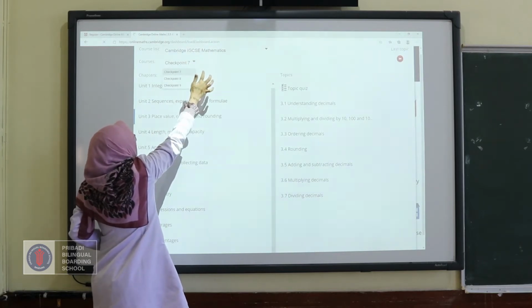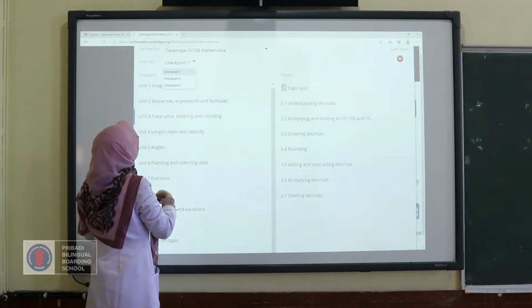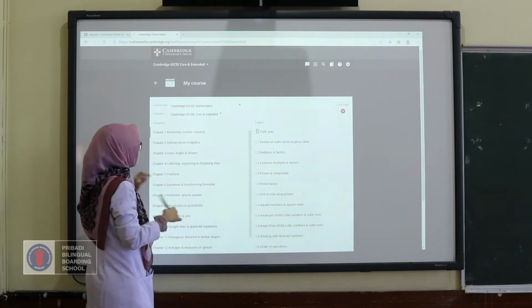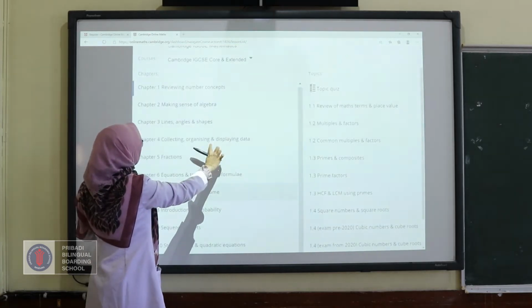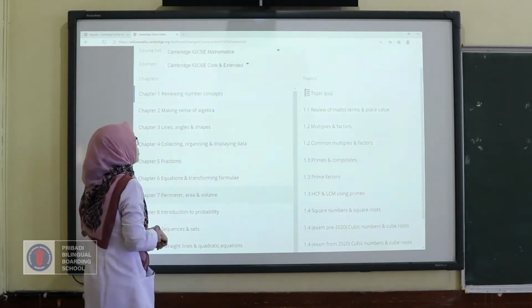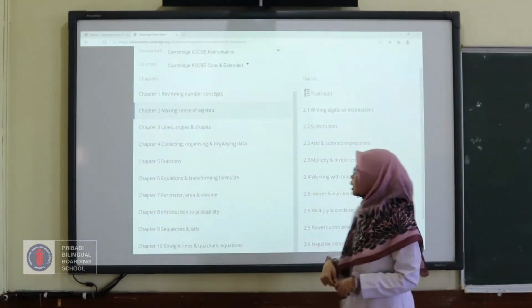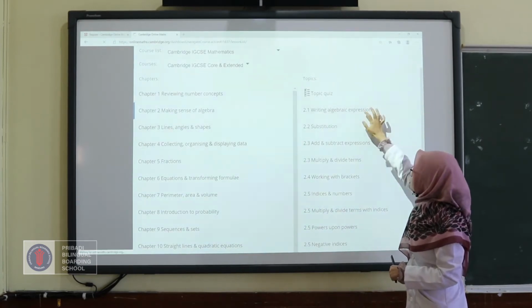It's still working. And then your IGCSE Mathematics is core and extended. And for now, we are going to learn about algebra. And the first chapter of algebra is about writing algebraic expressions.